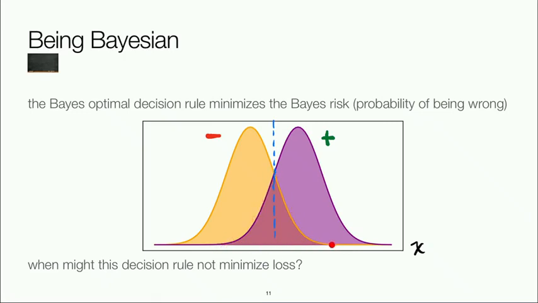This is the Bayes risk. I can never fully get rid of this amount of error that's just inherent to the process. But the Bayes optimal decision boundary minimizes that risk, and we do so by predicting whatever class has the higher probability. That minimizes the probability that I'm wrong.